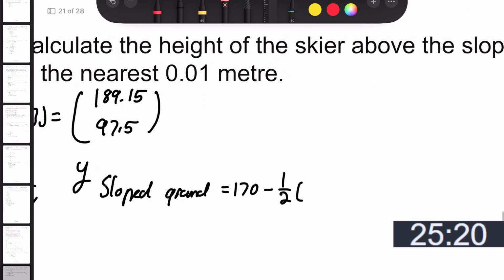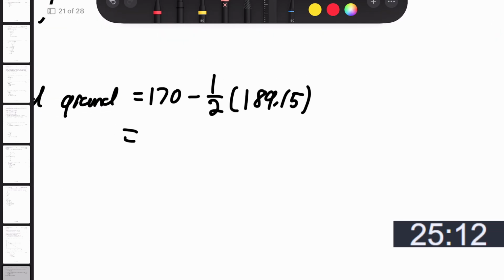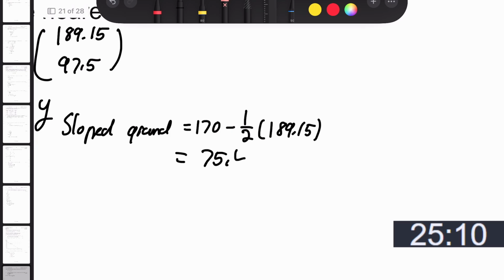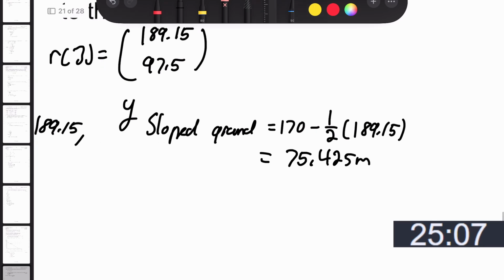So 189.15 gives the height of the sloped ground at that point, which was 75.425 meters.